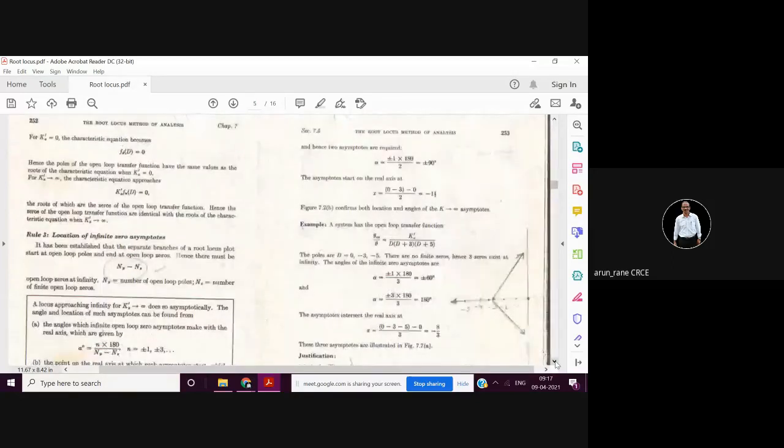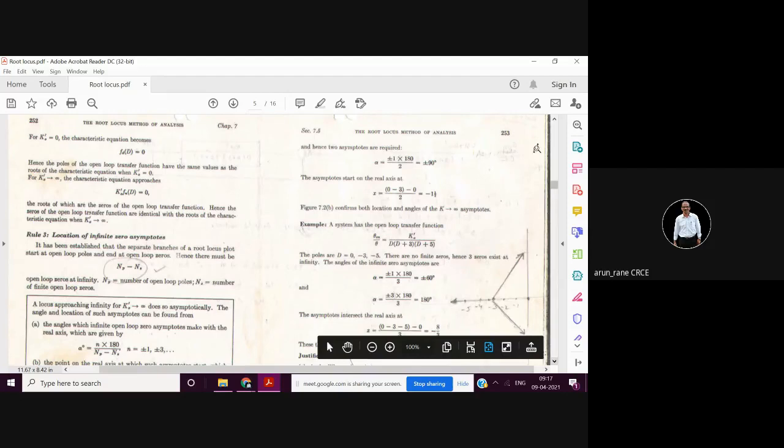So rule number three: location of infinite zero, the asymptotes. Asymptotes means any line which is parallel to the root locus and meets it at infinity. So suppose the root locus is like this.